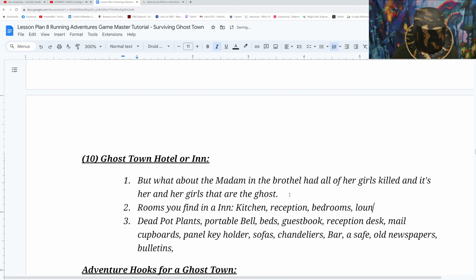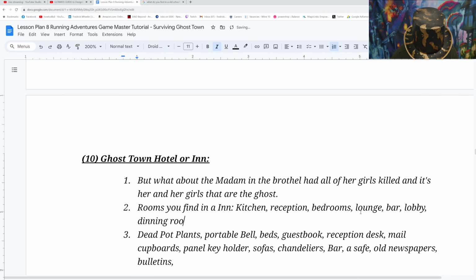The lounge. You'd probably have a lounge. You have the bar area. Did I put down bar? Yes. Lobby, yes. Pool, I don't think we're putting a pool in there. Lobby. Dining room, yes, there would probably be a dining room. Dining room, storage room.